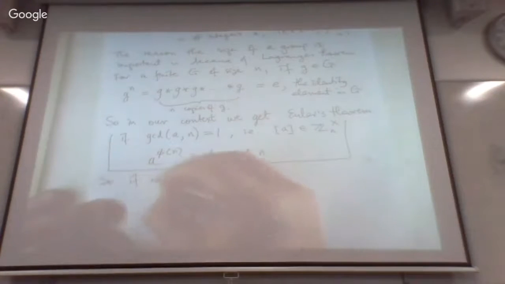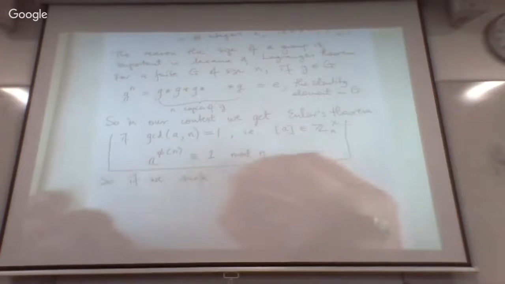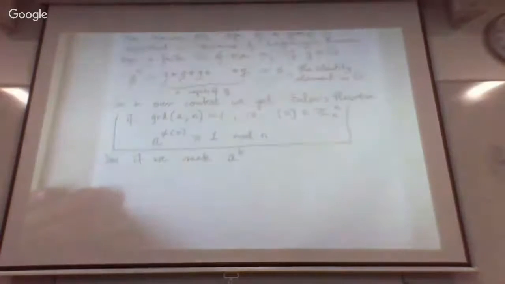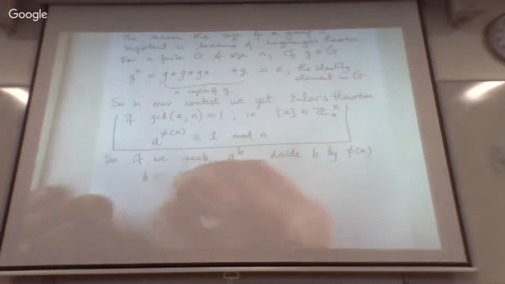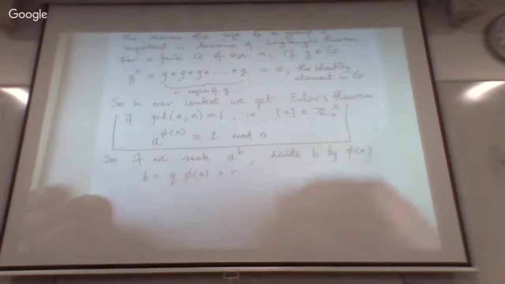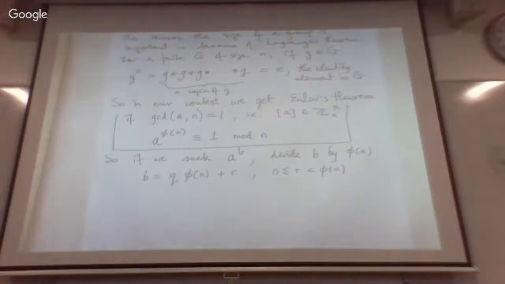If we seek a to the power b, what I can do is divide b by phi of n. And I'll find that b is equal to some multiple of phi of n plus some remainder. And the small integer remainder will be between 0 and strictly less than phi of n.